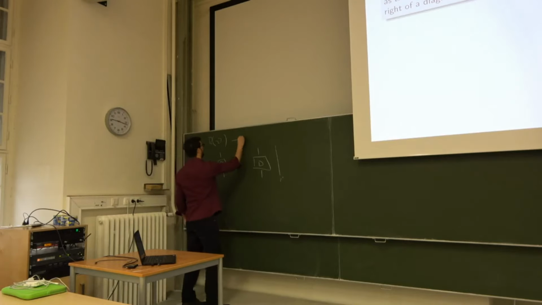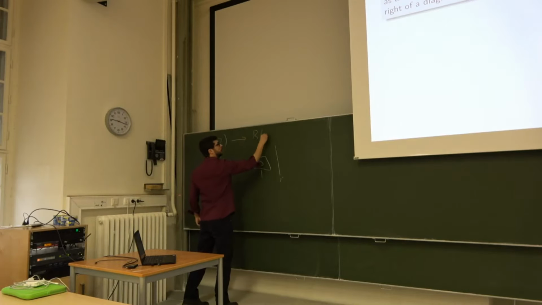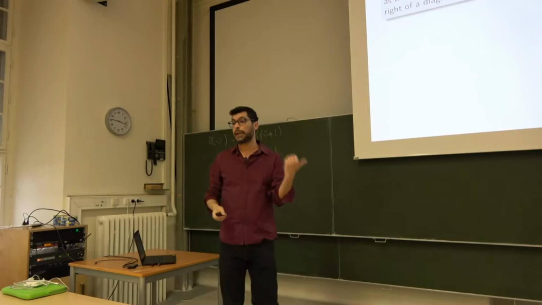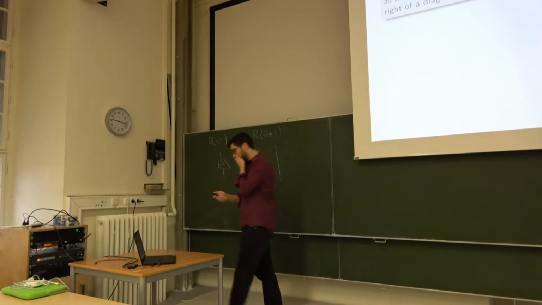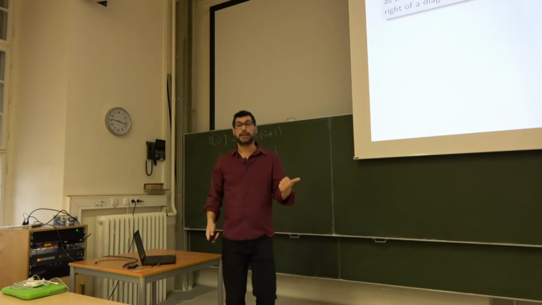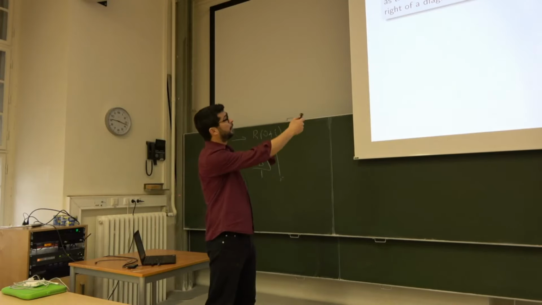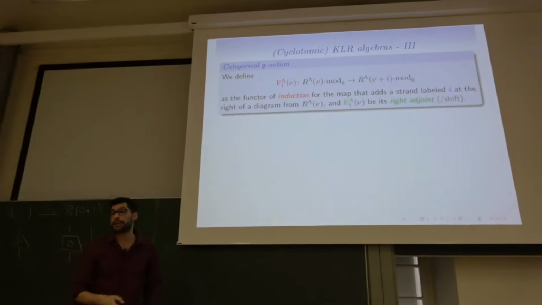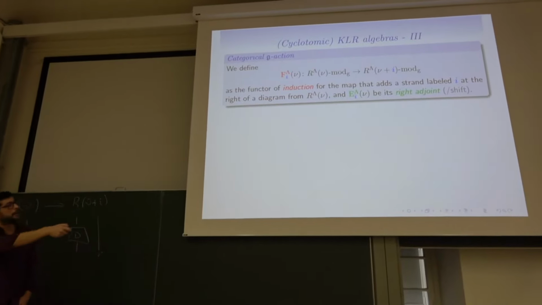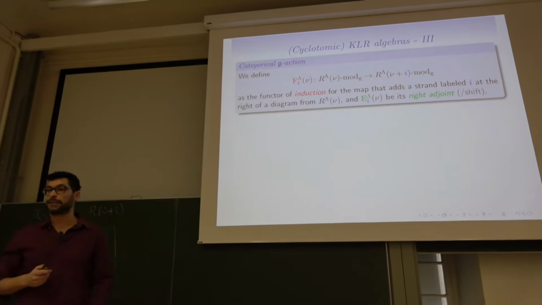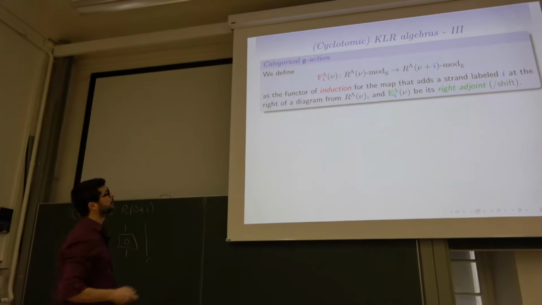So this is a map of algebras. And this gives rise to two functors, induction and restriction, between the corresponding categories of modules. This is how we define E and F. We call F the functor of induction, and E is its right adjoint, so it's the restriction functor. We have to add some shifts that I will always forget, but there are shifts involved.